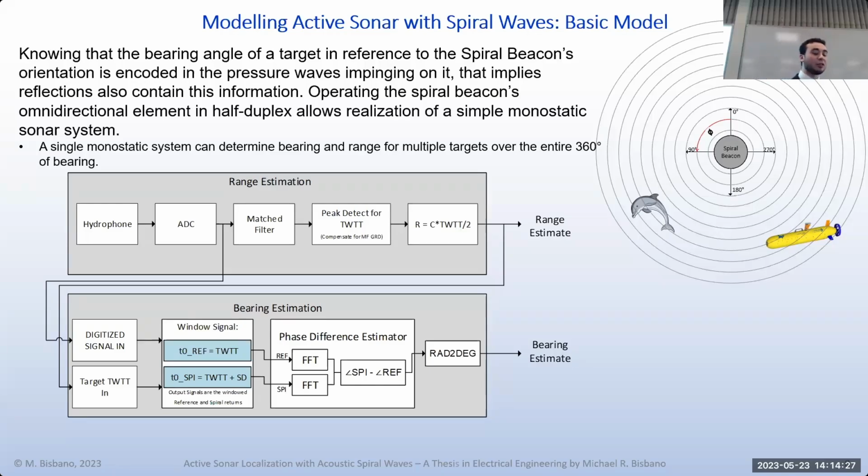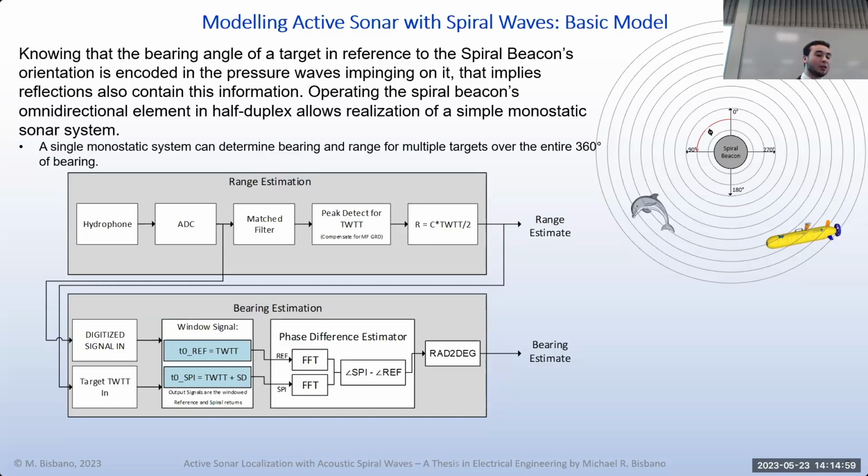And then we can take that range and the output of the ADC, take that raw signal and sample it when the reference return came and move over one spiral delay for when the spiral comes in in reference to the omni return. And we can take that and do an FFT over both of those windows and pull the phase of both of the peaks from the same bin on each of them.